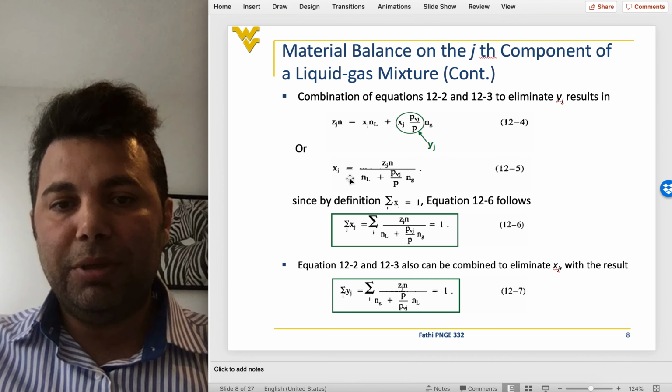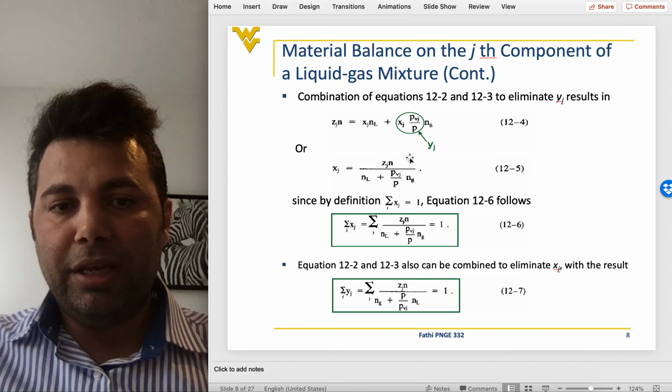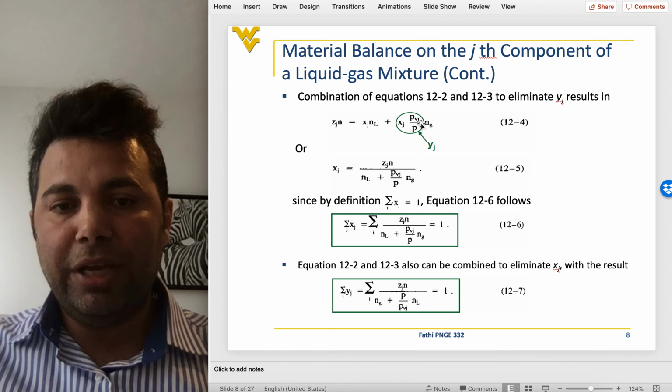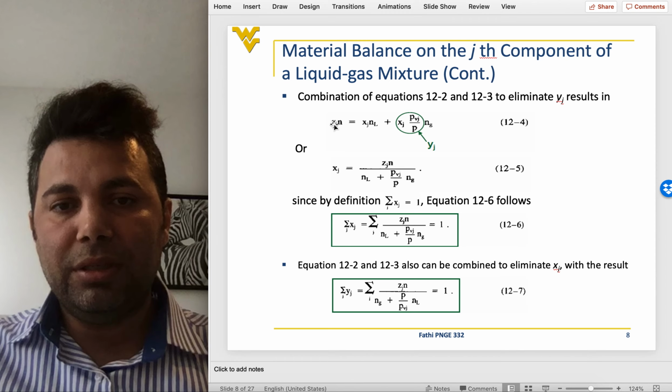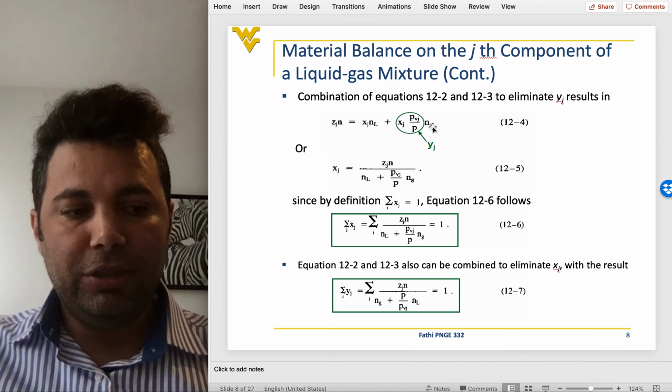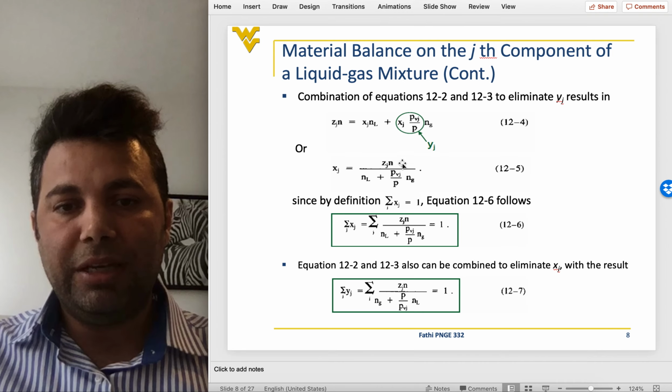So Xj becomes N zj divided by NL plus PVJ times Ng over P. Here I factor the Xj out: Xj times NL plus PVJ over P times Ng, and then I have Zj times N on the other side. So Xj is Zj times N divided by NL plus PVJ over P times Ng. This becomes the definition of Xj.